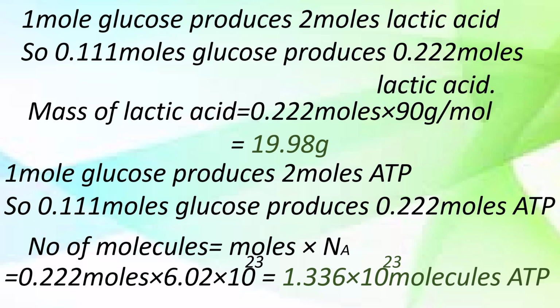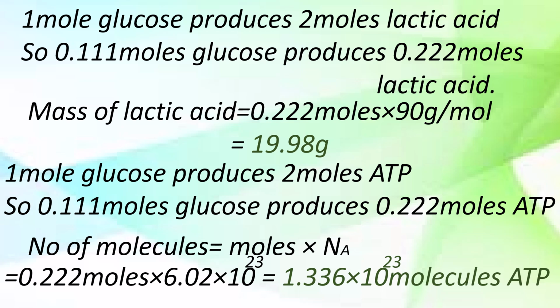Now we will calculate the mass of lactic acid. Lactic acid mass is equal to moles, 0.222 moles, times 90 gram per mole, the molecular weight of lactic acid. After solving, mass of lactic acid is calculated to be 19.98 grams.